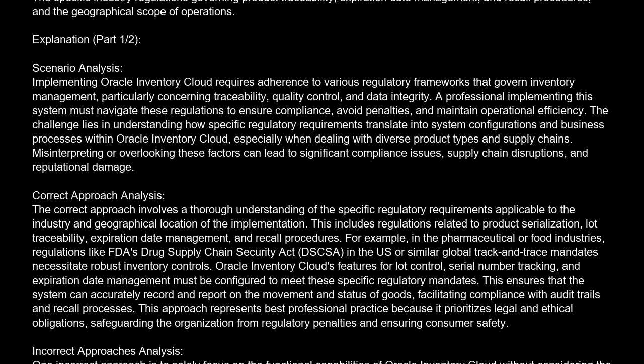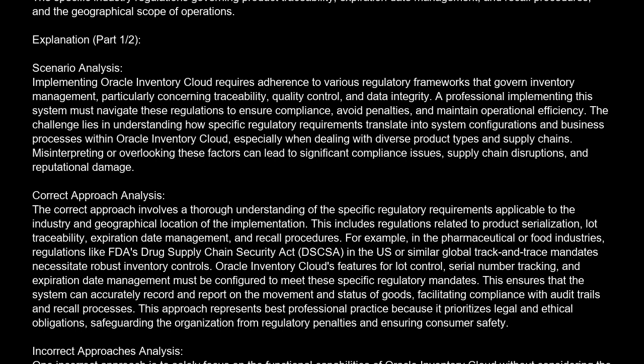The challenge lies in understanding how specific regulatory requirements translate into system configurations and business processes within Oracle Inventory Cloud, especially when dealing with diverse product types and supply chains. Misinterpreting or overlooking these factors can lead to significant compliance issues, supply chain disruptions, and reputational damage. Correct approach analysis.